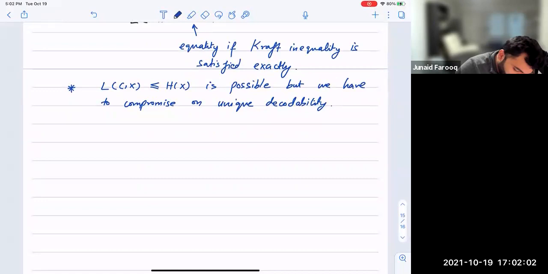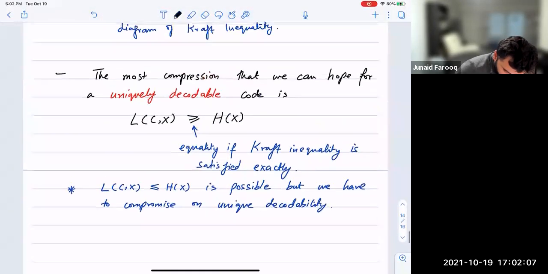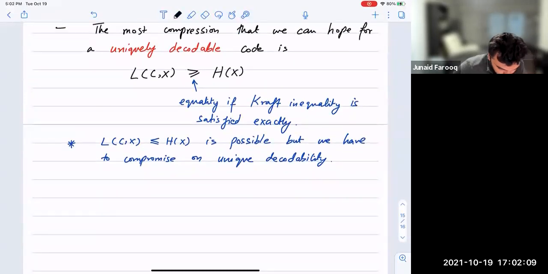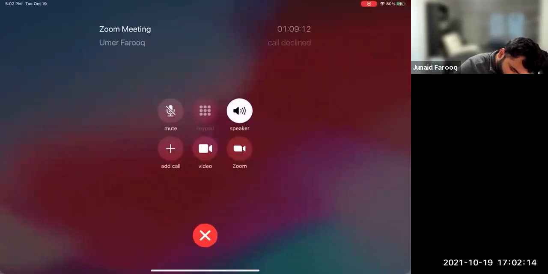So the last thing I would say is a sequel of what we already saw.